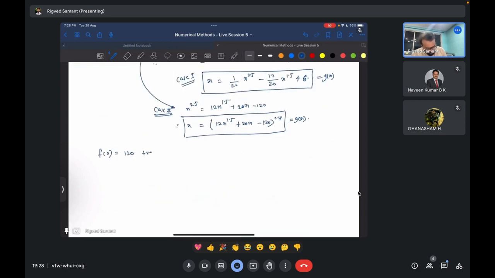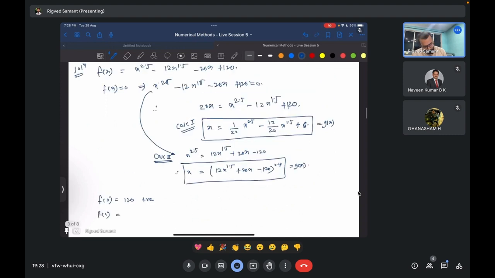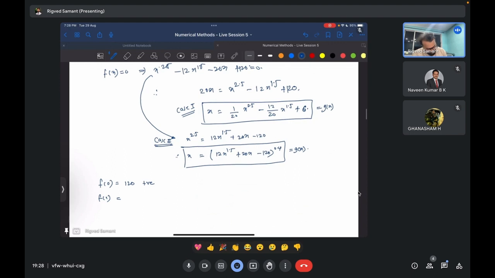This is positive. f of 1 would be 1 raised to 2.5 minus 12 into 1 raised to 1.5 minus 20 into 1 plus 120. What is the answer?